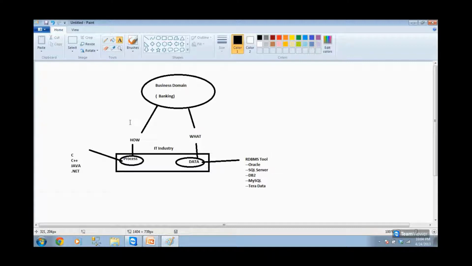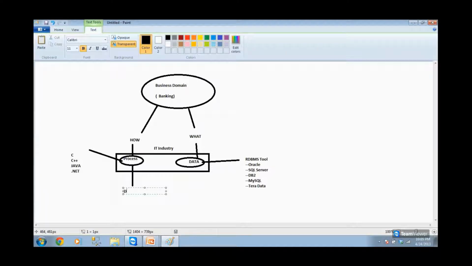To understand a company's process, you have to follow a process. Okay. The process is known as DFD. DFD means data flow diagram. What is the purpose of DFD?